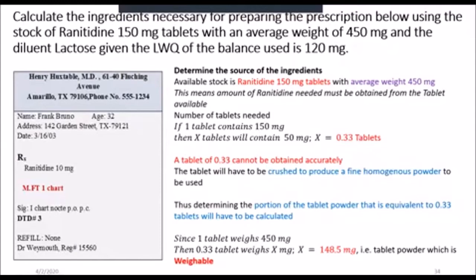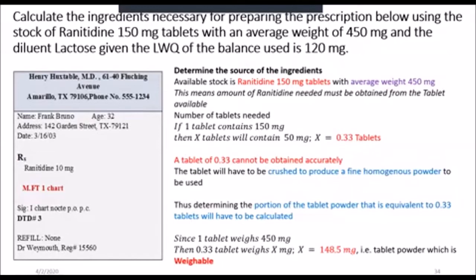If 1 tablet contains 150 milligrams, the next tablets will contain 50 milligrams, and that X tablet is going to be 0.33 of a tablet. Now, I don't know about you, but here on Earth, we cannot accurately obtain 0.33 tablets. So therefore, we're going to have to use an amount that is going to be equivalent to 0.33 tablets.